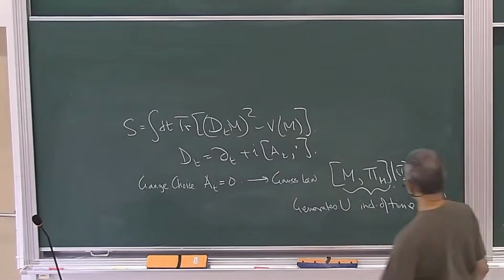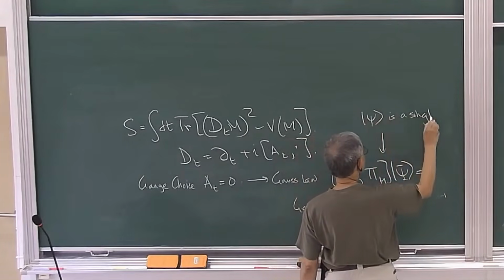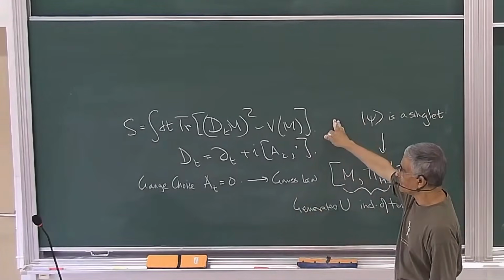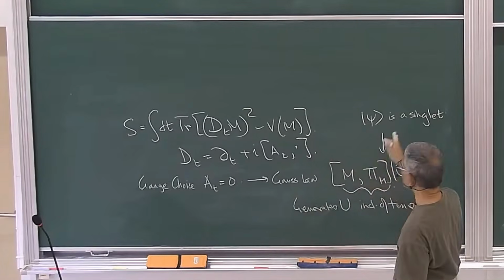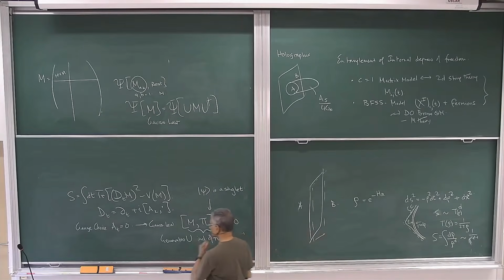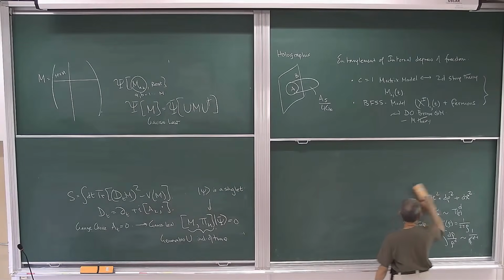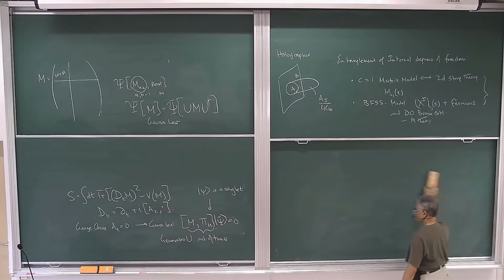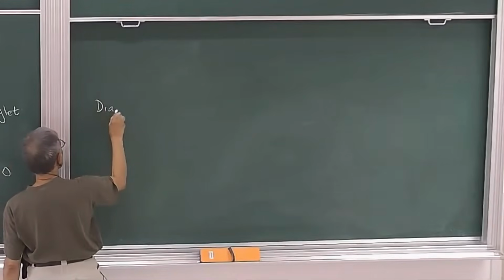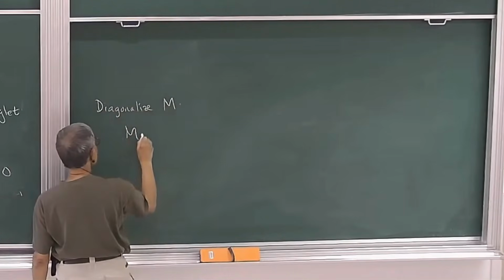But what this only means is that psi is a singlet. In fact, you could add source terms to this such that psi is some representation of the gauge group, but it's sort of fixed. So we want to look at wave functions which are singlets. And we can use that remaining gauge degree of freedom to diagonalize M. That's always possible. So M goes to eigenvalues.